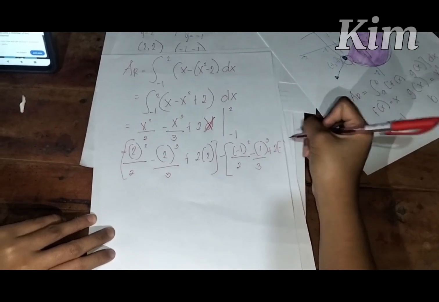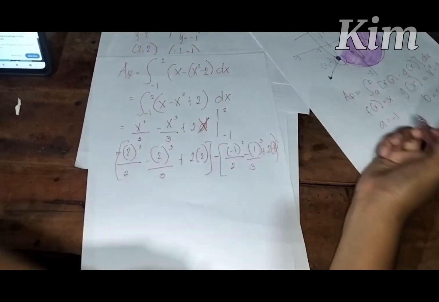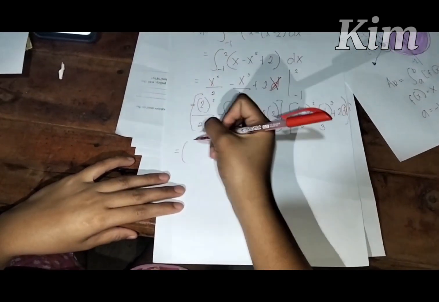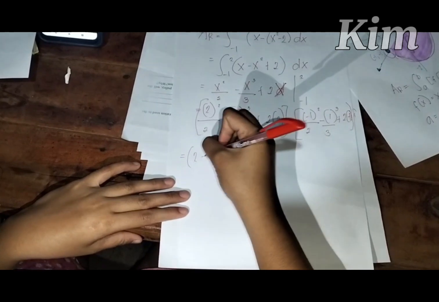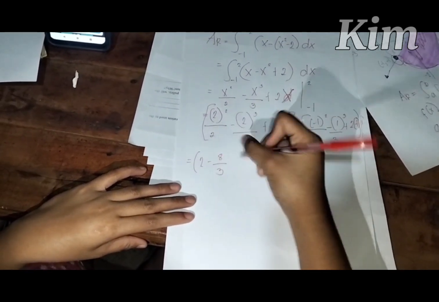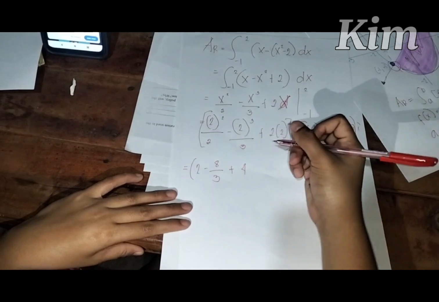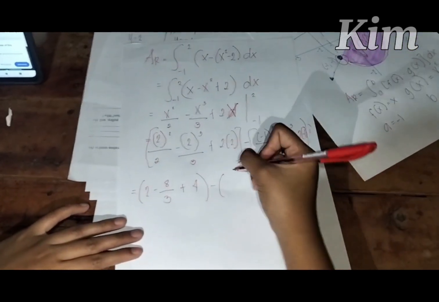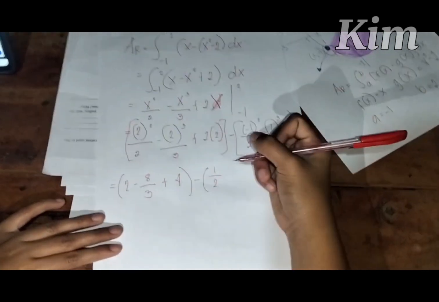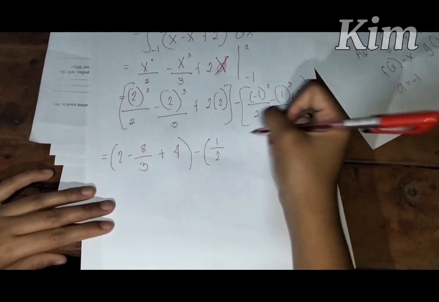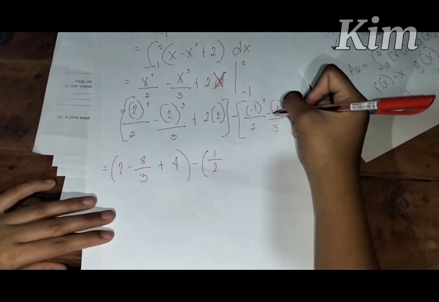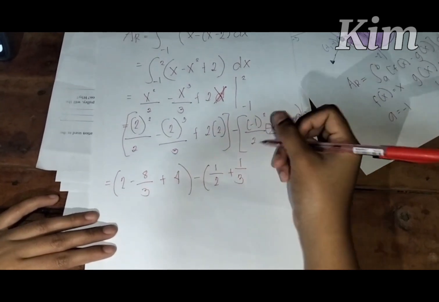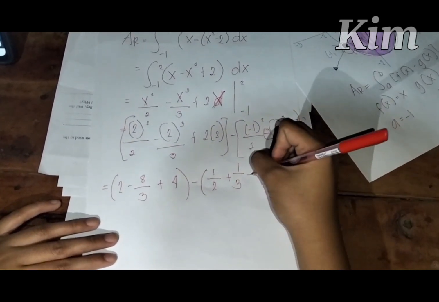Simplify, and it will be equal to 2 minus 8 over 3 plus 4, minus 1/2, minus positive 1/3, then negative 2.